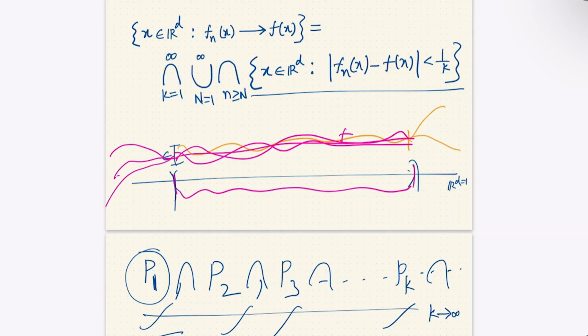When you are considering this pointwise, this x1, the key point is that it should hold for all the x's within the domain. Okay, I will just go with some definition.